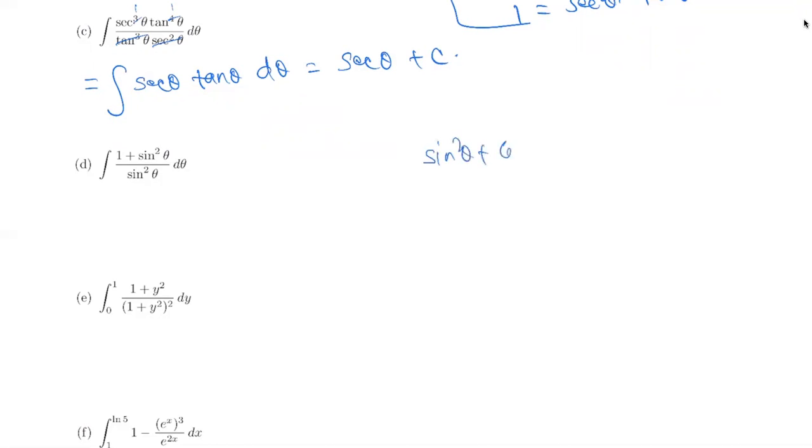Nope, we do have a formula for 1 minus sine squared, but not for 1 plus sine squared. Do not blindly write cosine squared.